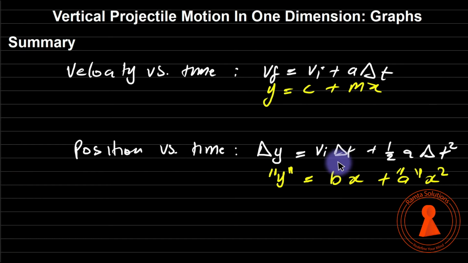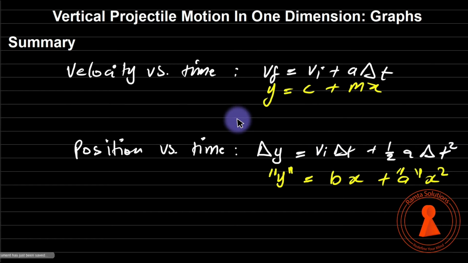Now for velocity versus time, we had about 4 cases. For position versus time, I reduced them to 4. With acceleration versus time, because it's just a line, a constant, I'm not going to touch it.